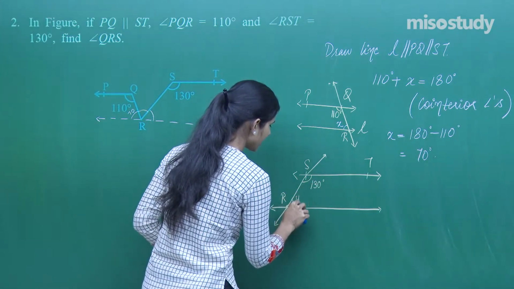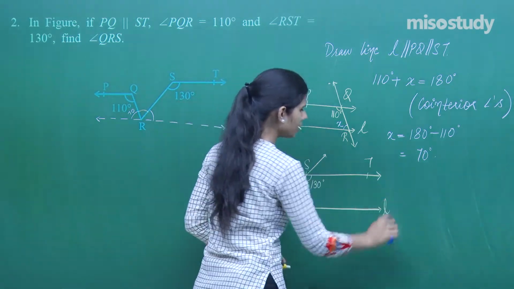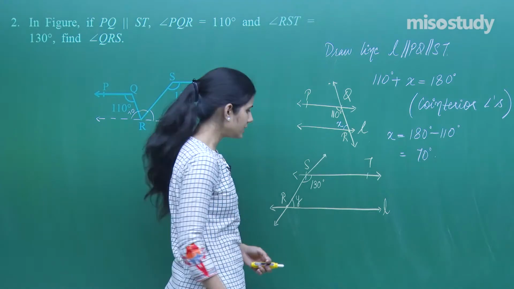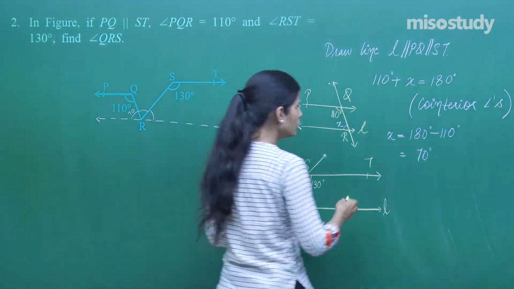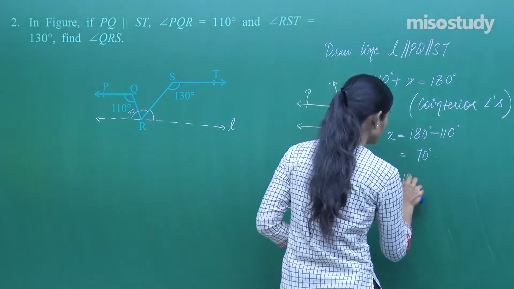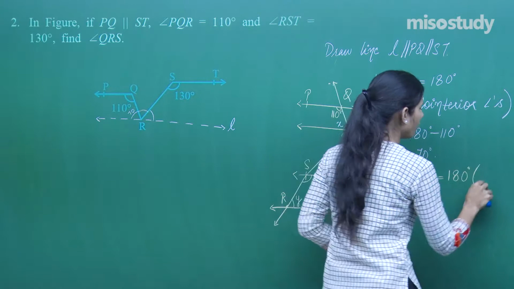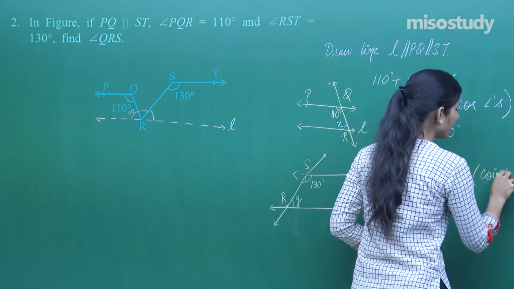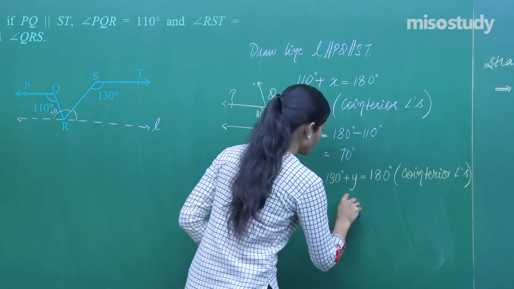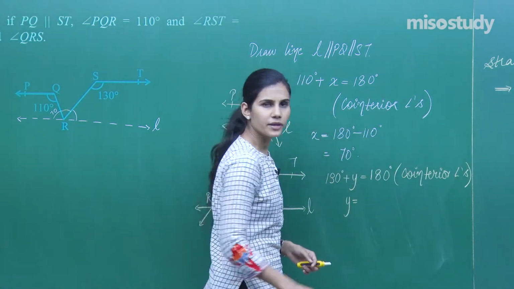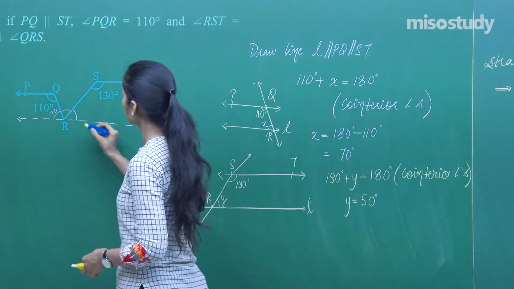What would be this angle if I say this is Y? Again, this is parallel to this line L. That's how I have constructed it. So these are again forming a pair of co-interior angles. So again I will have 130 plus Y is 180. Your Y will be 180 minus 130, which is 50. So this angle is 50.